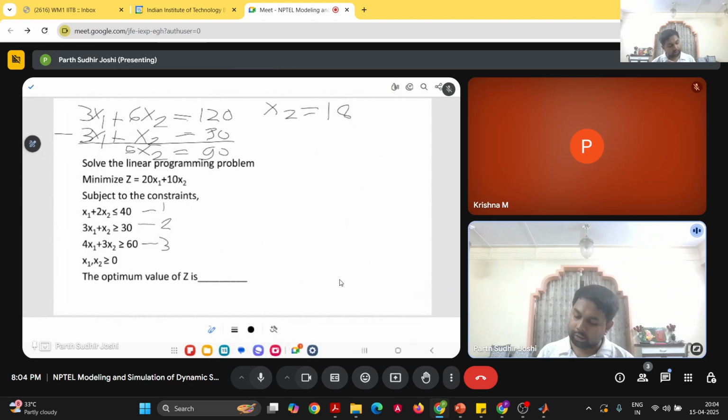So x2 is 18, and now if we substitute it in the first equation, x1 will become 40 minus 2x2. So 40 minus 2 into 18. 18 into 2 is 36. So x1 will become 4.